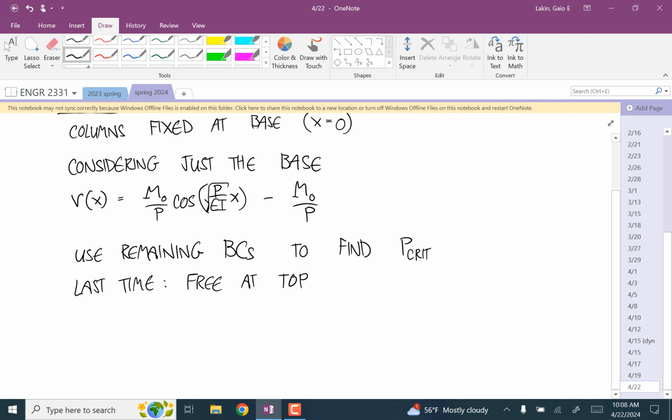Being free at the top meant that there was no couple at the top, no bending moment at x equals L. And so the deflection double prime was equal to 0. That gave us the answer, P critical is equal to EI pi squared over 4L squared.